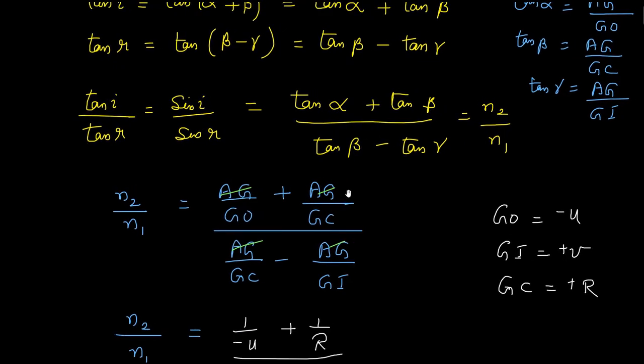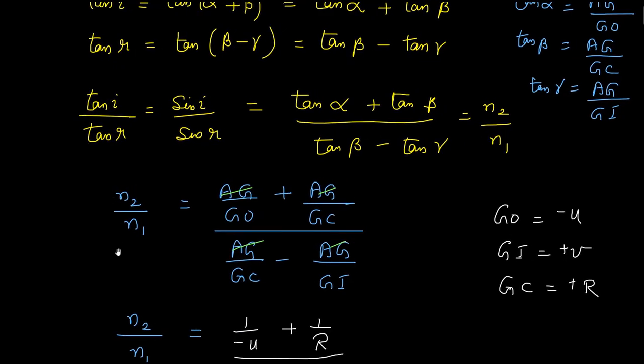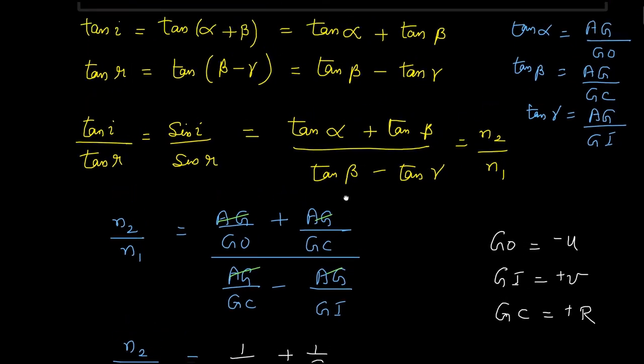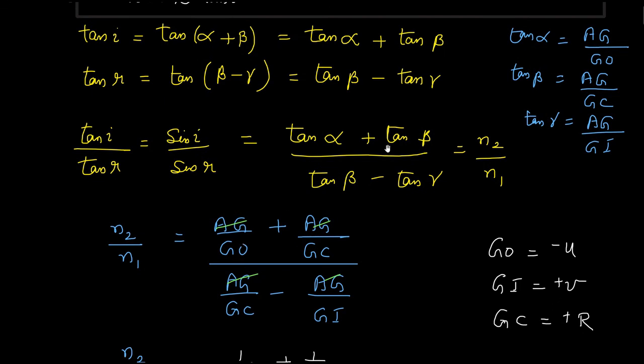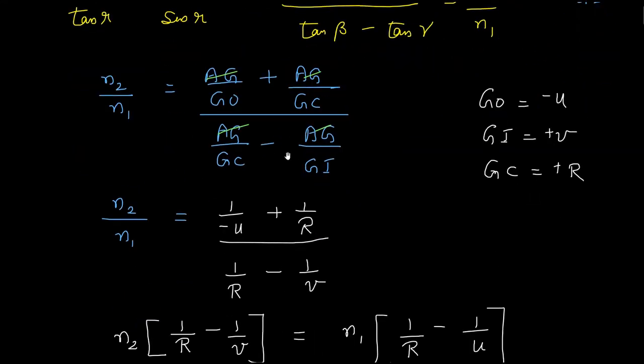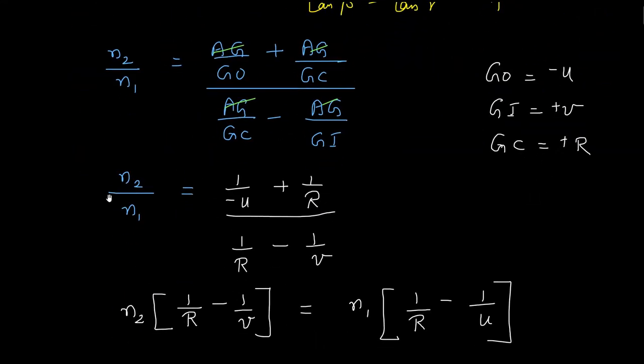Substituting the value here, n2 by n1 equals tan alpha is AG by GO, tan beta AG by GC, again tan beta minus tan gamma is AG by GI. AG gets cancelled out and we know these values. n2 by n1 is 1 by minus u plus 1 by r, minus 1 by v.